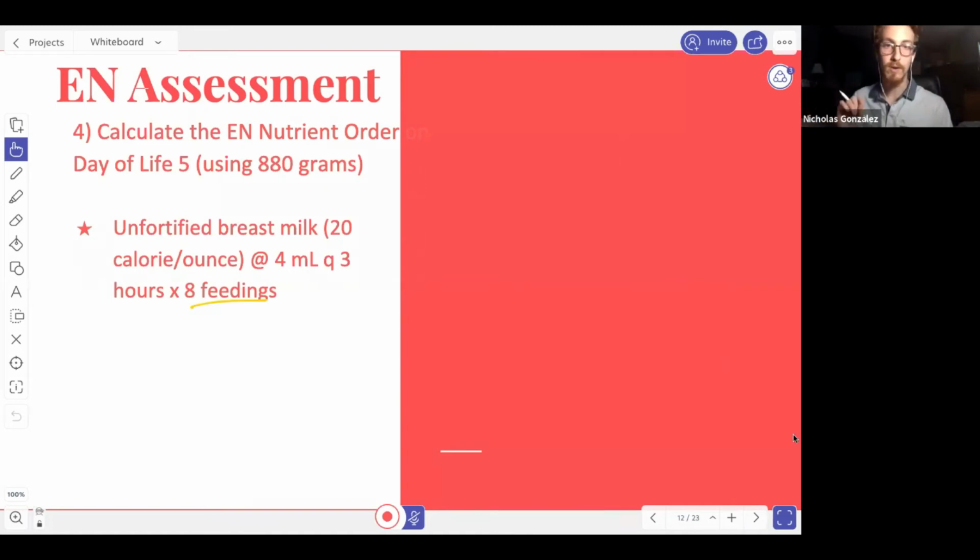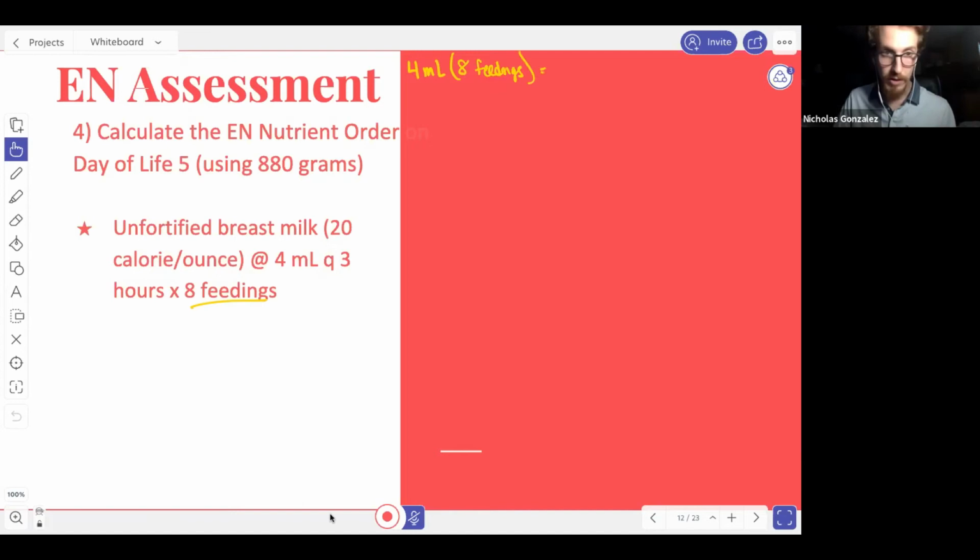Okay, so the first thing we want to do is take that rate and see what that's going to give us in terms of milliliters per kilogram per day, because that's what we work with here. So we're going to take the 4 milliliters times the 8 feedings.